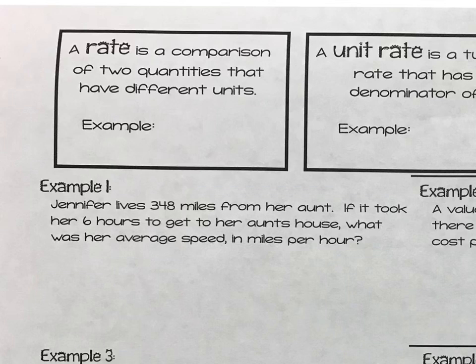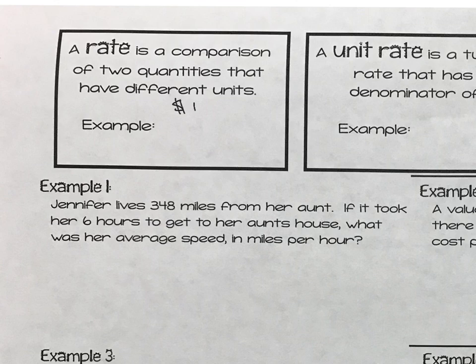All right, you guys. We're going to start with the top left box here that says a rate is a comparison of two quantities that have different units. Okay, and so we're going to make a little example of this. Let's do money.